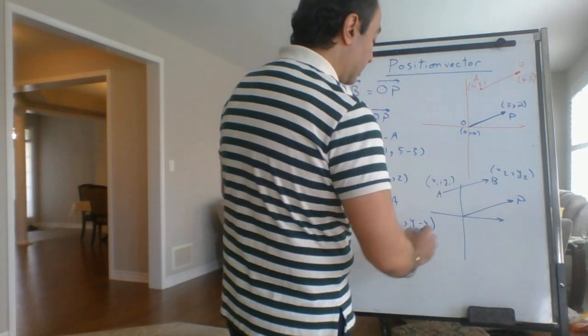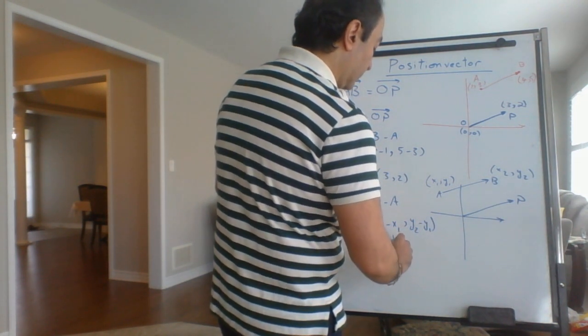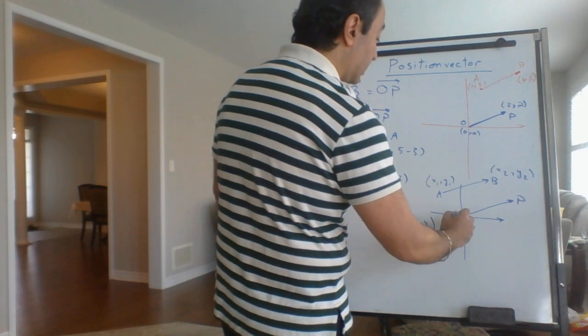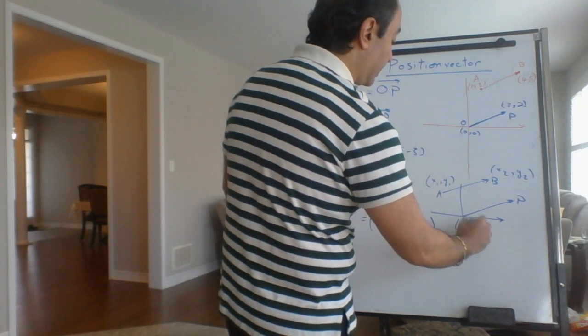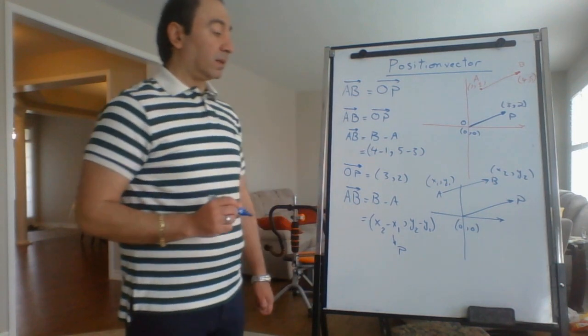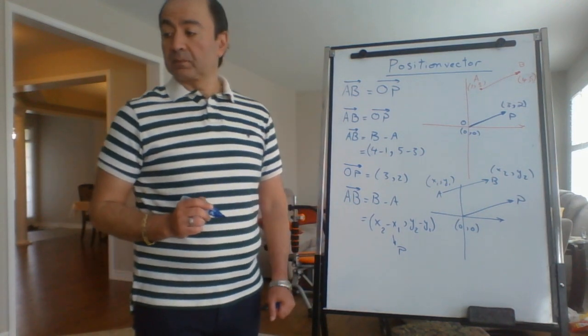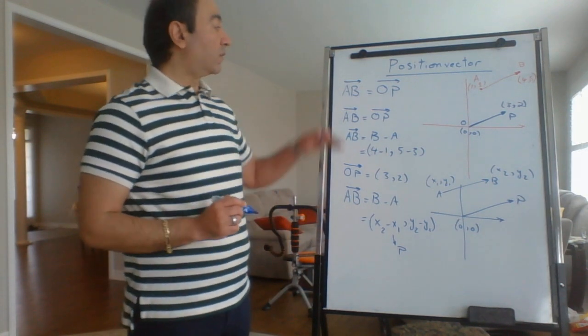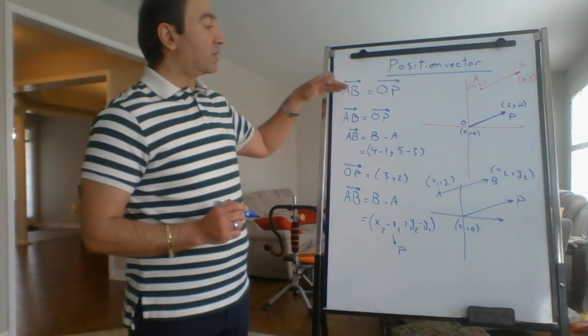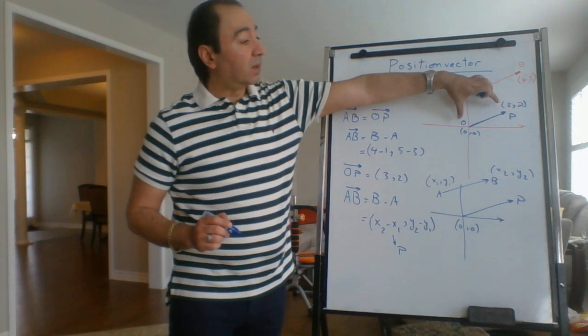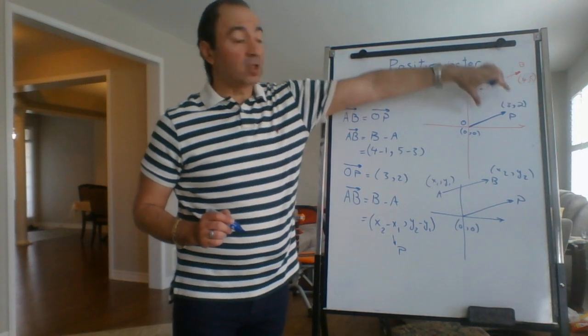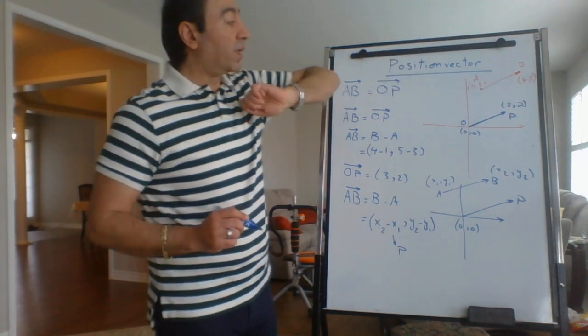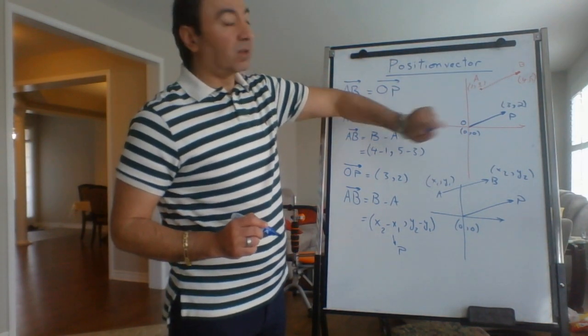This gives the coordinates of the head of the position vector that represents vector AB, and the tail will be at the origin.